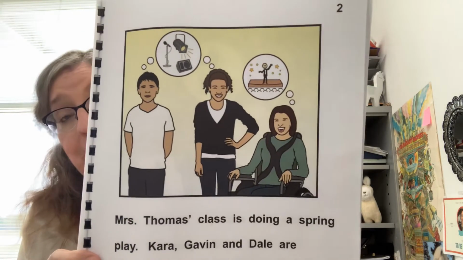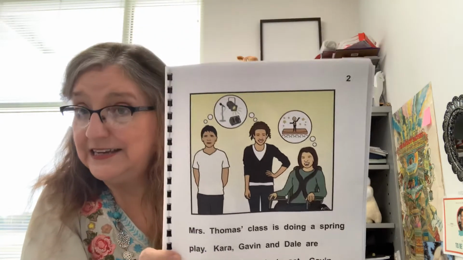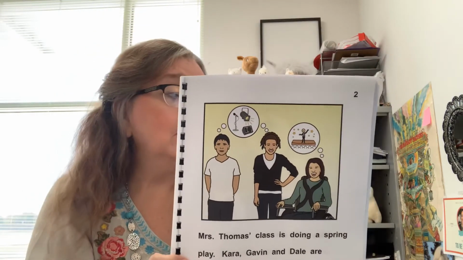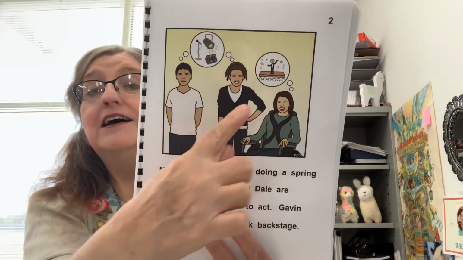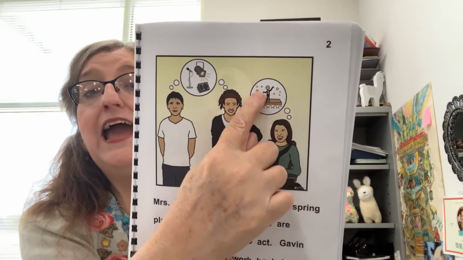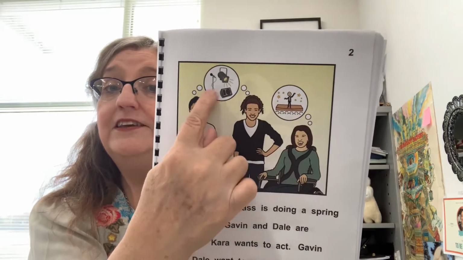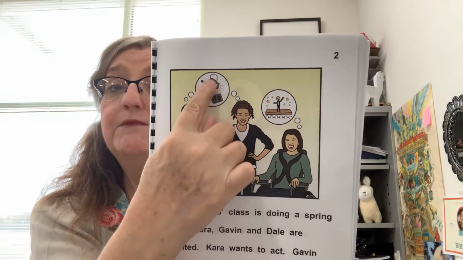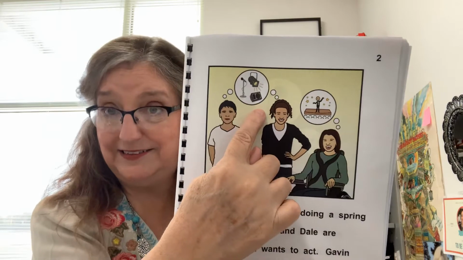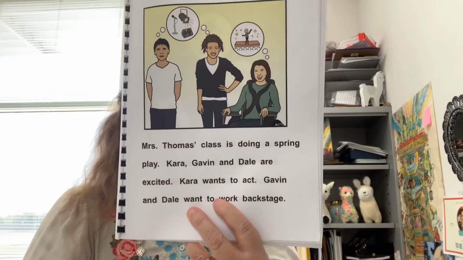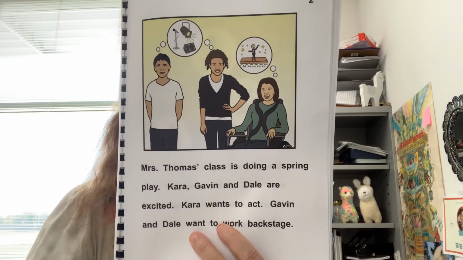So we can already tell which one is Cara and who are Gavin and Dell, because Cara is the one thinking about being on stage, and these two guys are thinking about things behind stage. That gives us a hint.